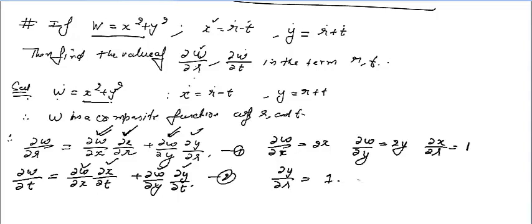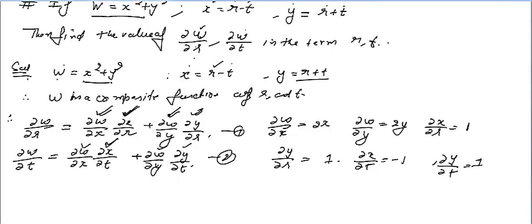Okay, so you got this one, and you can get ∂x/∂t also. When you differentiate x with respect to t, r is constant, and the derivative of minus t with respect to t is -1. And ∂y/∂t, the derivative with respect to t will be 1, because r is constant. Now you will substitute.